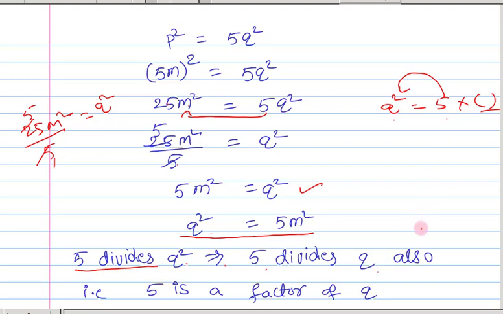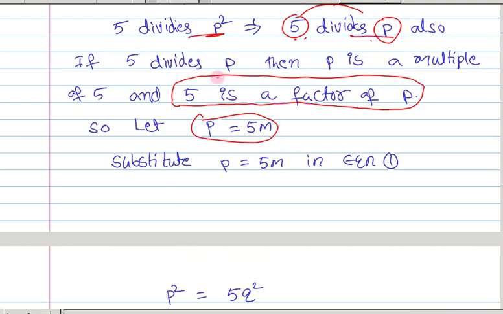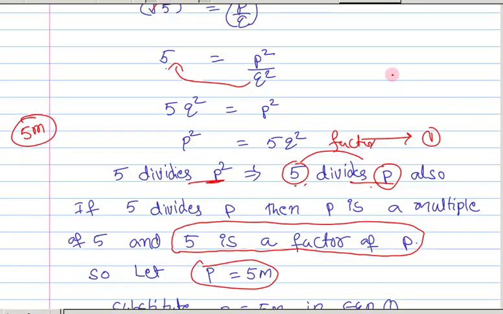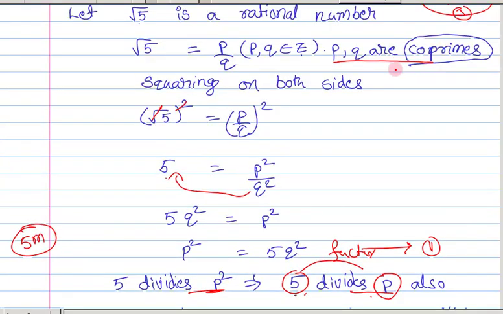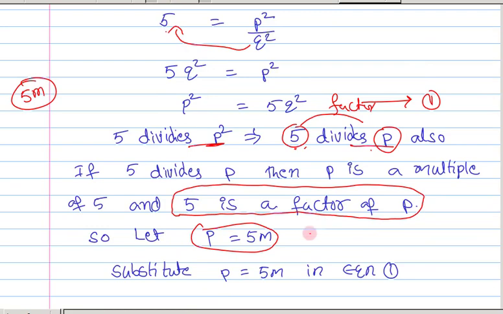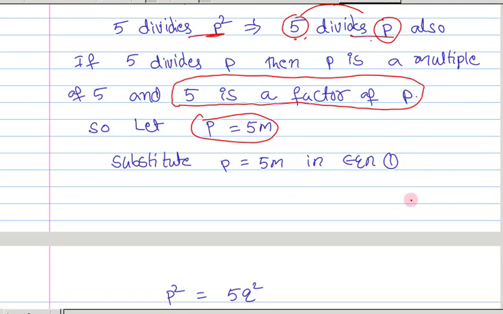If 5 divides q, then 5 is a factor of q. And in the above observations, we got that 5 is a factor of p. But what we supposed is that p and q are co-primes. Yet we got 5 as a factor of both p and q.